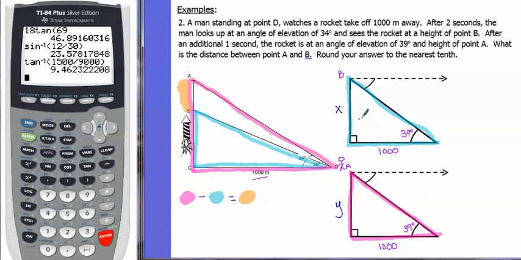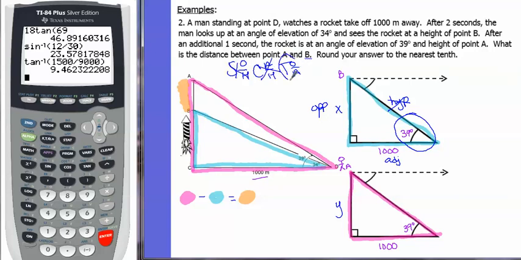Step 1, I need to pick an angle. So I'm going to pick 34, and then I'm going to label my opposite, my hypotenuse, and my adjacent. I'm crossing out my hypotenuse, and if I'm looking at TOA, I crossed out my hypotenuse.